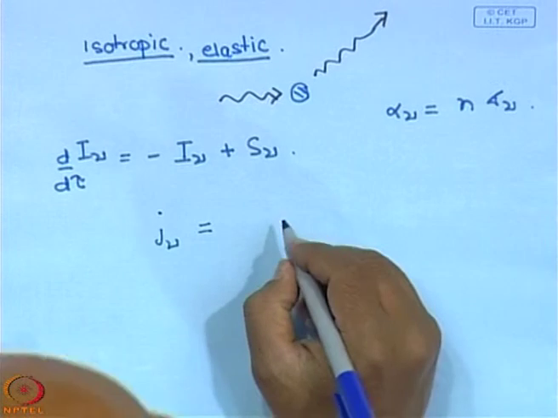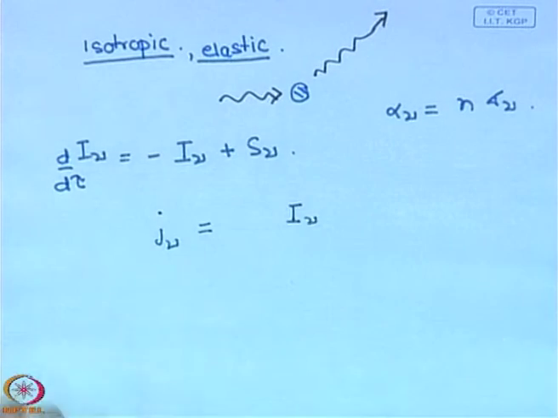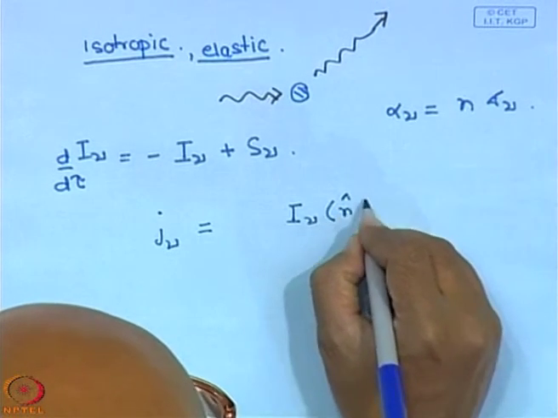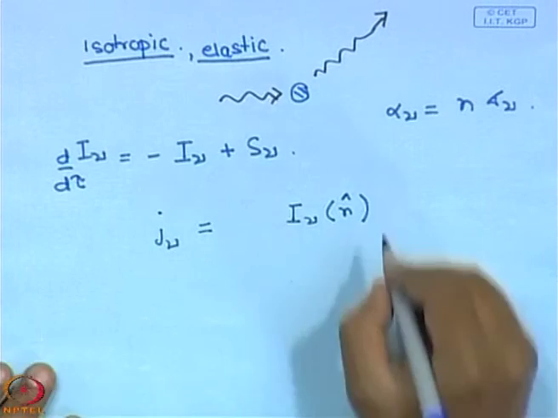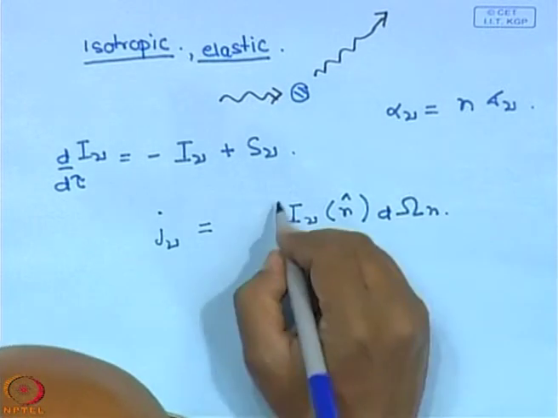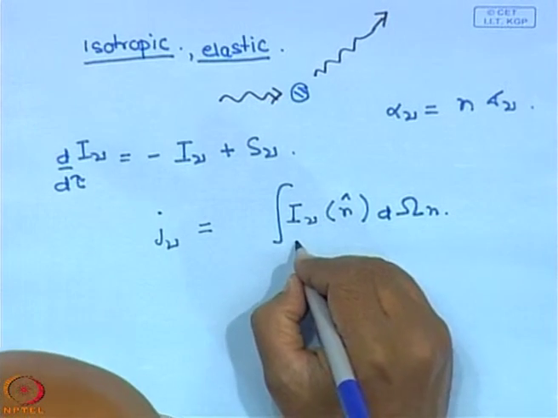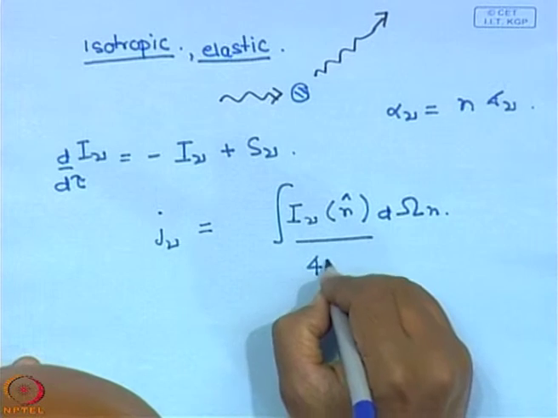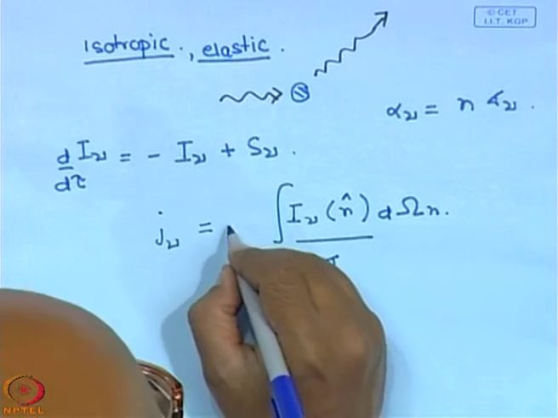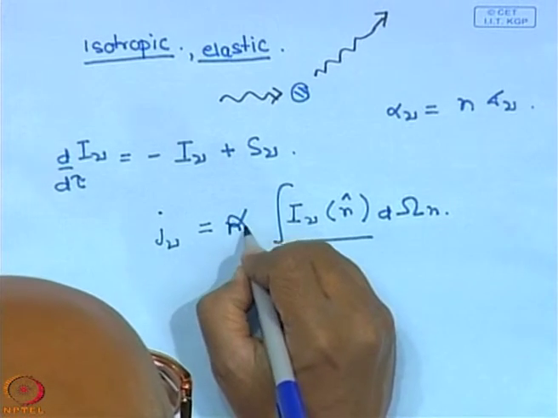Okay. So, the incident radiation is I nu, and radiation from all directions will be absorbed equally. So, I have to integrate over all solid angles, and it will be going out equally in different solid angles. So, I have to divide by 4 pi and multiply with alpha nu.